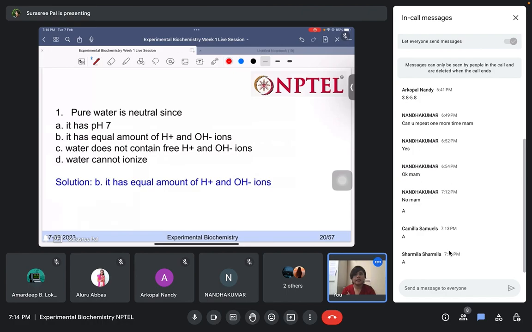But the reason why pure water is neutral is because it has equal amount of H plus and OH minus ions, right? So the cause is this one, and this one is the result. Here it is asking the cause, so you should answer that pure water has equal amount of H plus and OH minus ions. Is that clear?